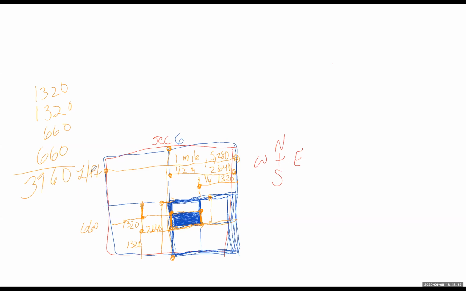Okay, so here's the cost of the fence. All right, you ready?